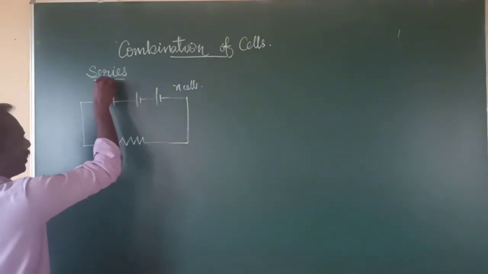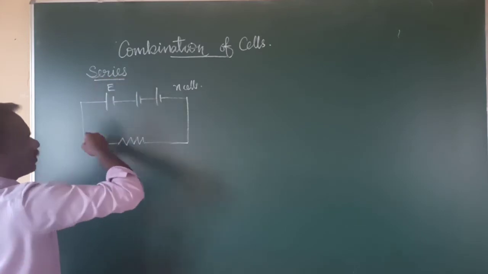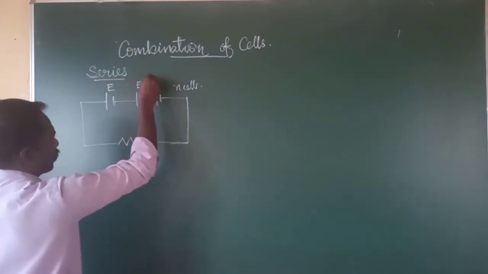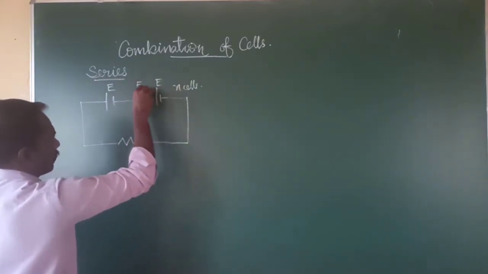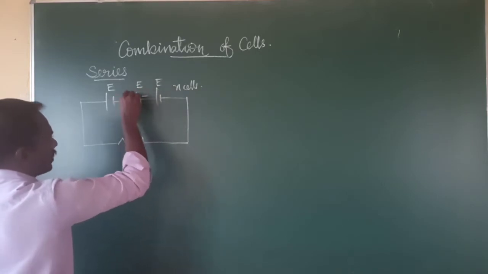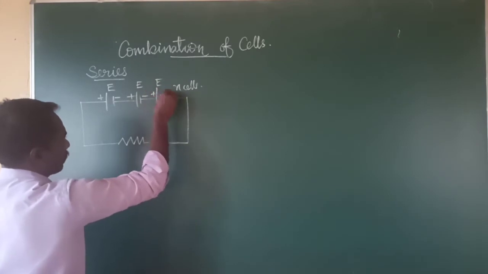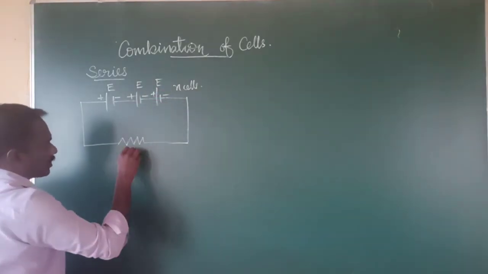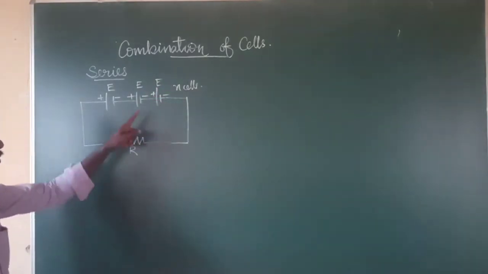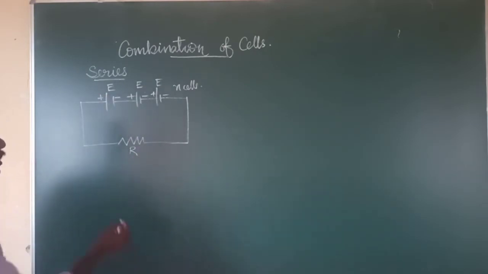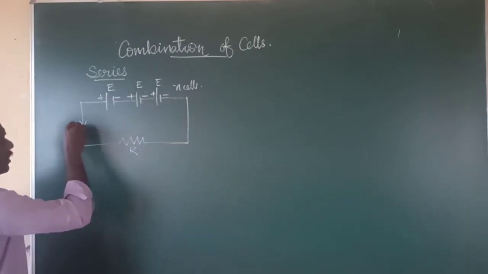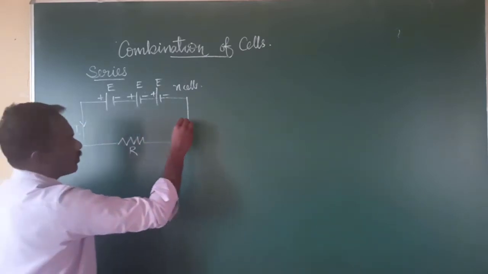The EMF of the first cell is E, the second cell also E, and the third cell also E. They are identical cells. They are connected serially, and an external resistance R is connected to this combination of cells. Then an electric current I will flow through this circuit.